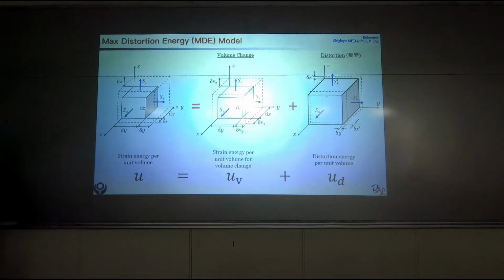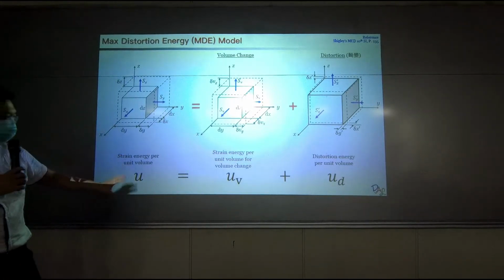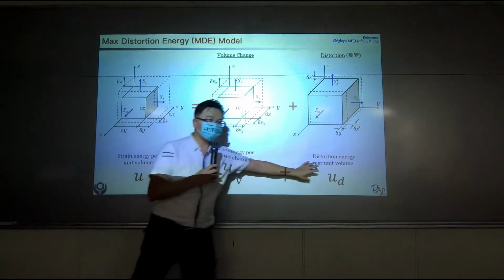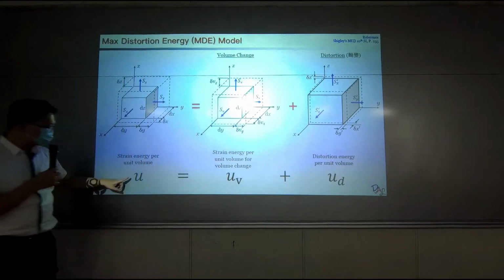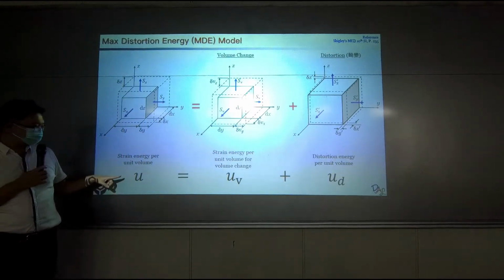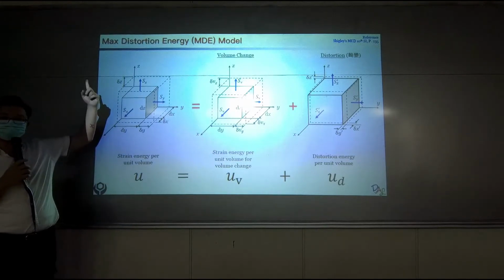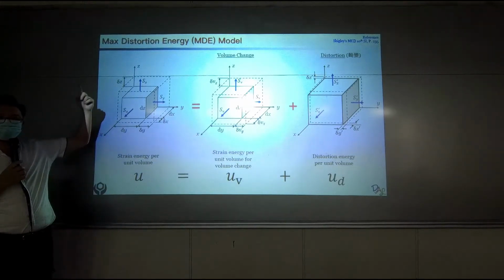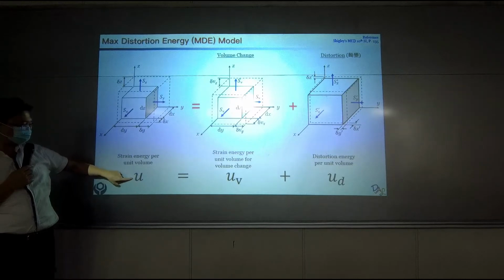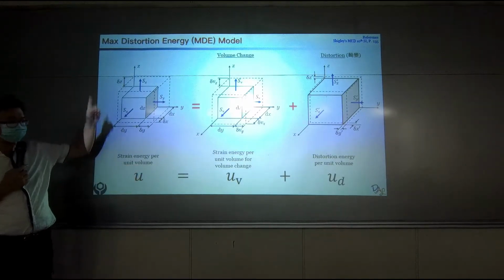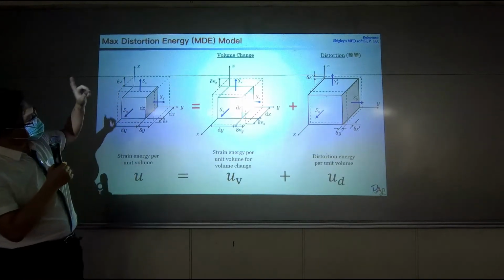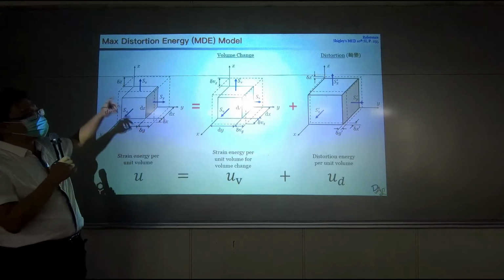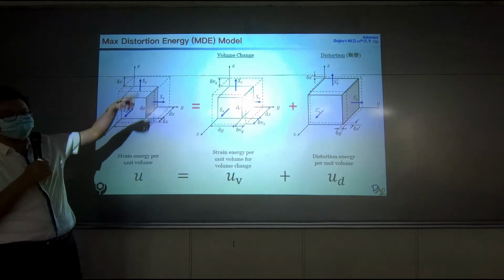And in the video, I introduced how to analyze each term right here. This one we already derived in the previous strain energy model. We already derived this. This is what we had earlier. And for this method, it's called maximum distortion energy.